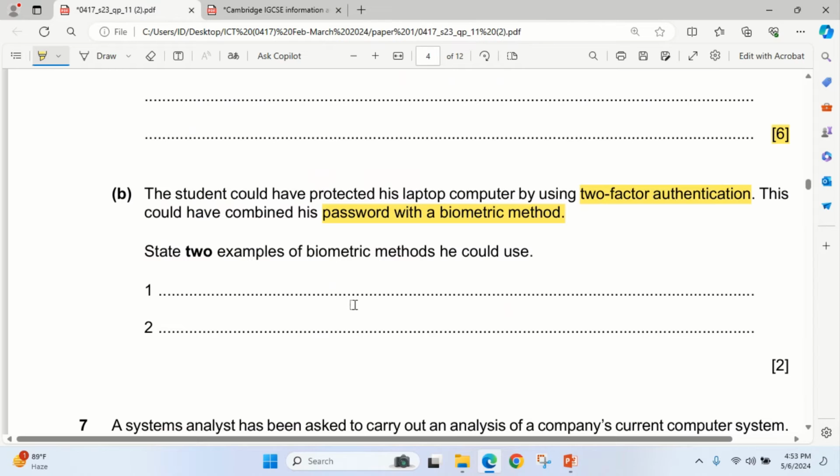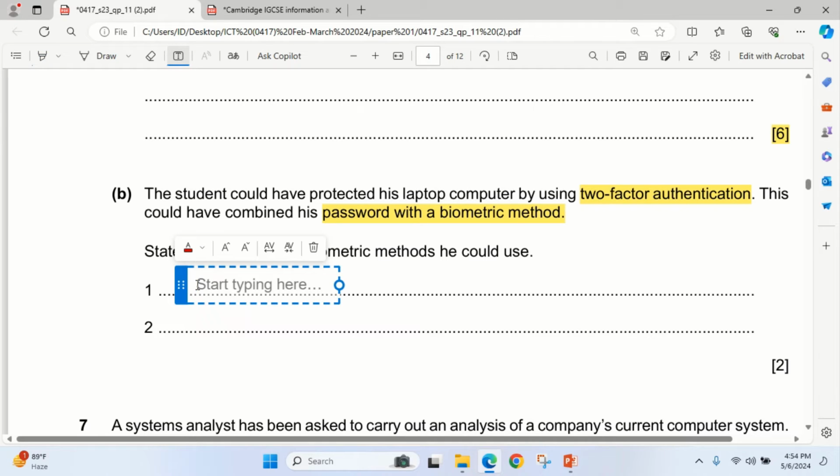So going back to the question, it says that the student could have protected his laptop by using two-factor authentication. This could have combined his password with a biometric method. State 2 examples of biometric methods it could use. Biometric means something that is unique to you. So it could use retina scan. It could as well use voice recognition.